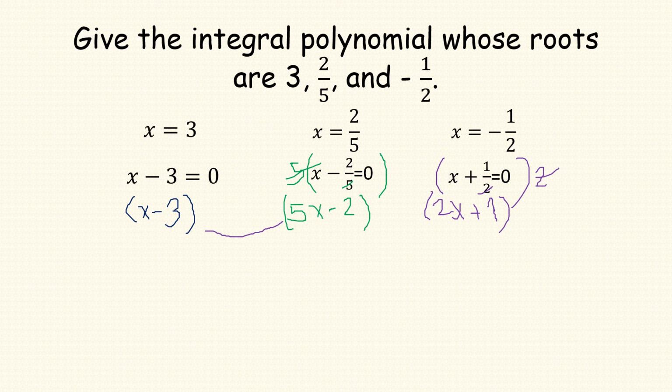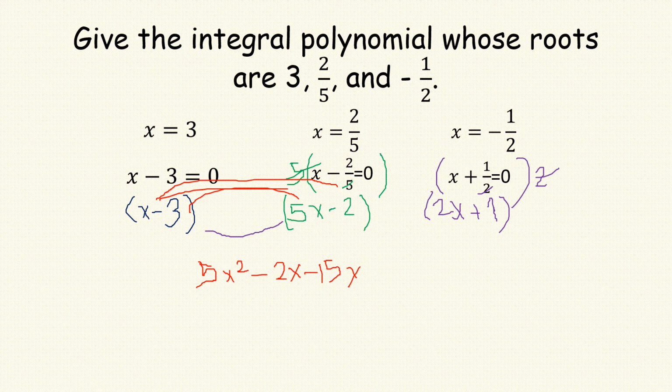So, FOIL method, first term, multiply natin yung first term na x times 5x, it will give us 5x squared. Next, the outer term, which is x times negative 2, it will give us negative 2x. Then the inner term, which is negative 3 and positive 5x, it will give us negative 15x.